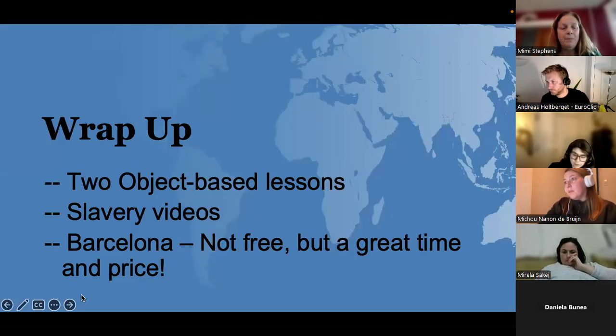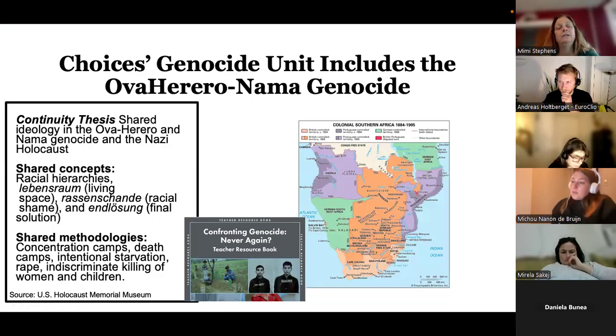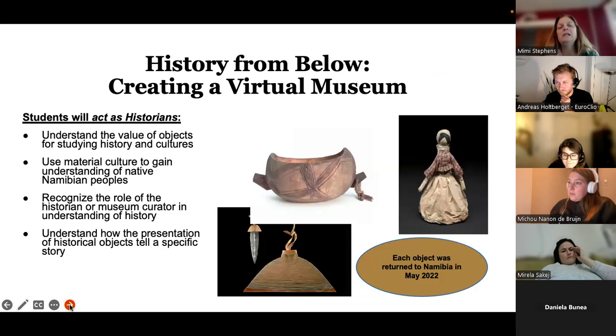So just to wrap up, two object-based lessons that I'm going to share with you on this sheet. These two lessons come from our genocide unit, and they deal with the Ovaherero and Nama genocide perpetrated by Germany in present-day Namibia. The reason I am sharing them with you, they're free lessons, is because both of these lessons deal with this question of historical memory, and they also both use an object-based approach.